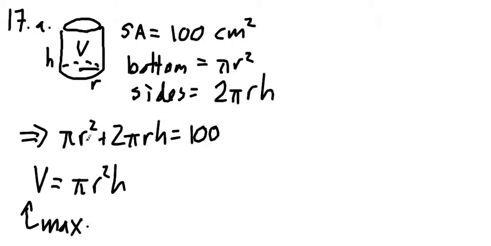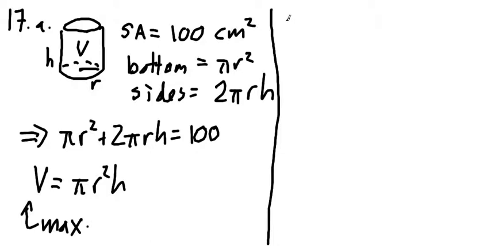Because if I were to try to solve for r, I would be solving some sort of quadratic equation in r. That would get pretty annoying pretty quickly. In class, we could have just taken a square root, but here we would have literally had to solve a quadratic equation. We don't want to do that to figure out what r is in terms of h. So let's solve for h.